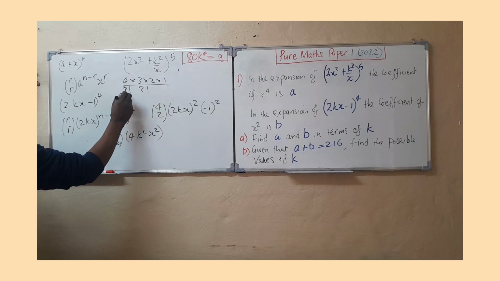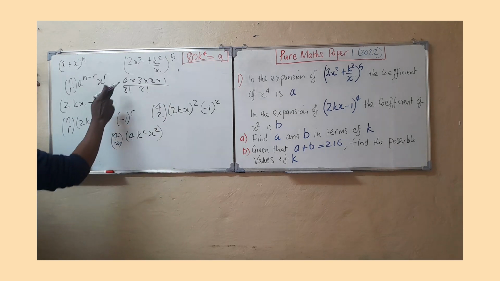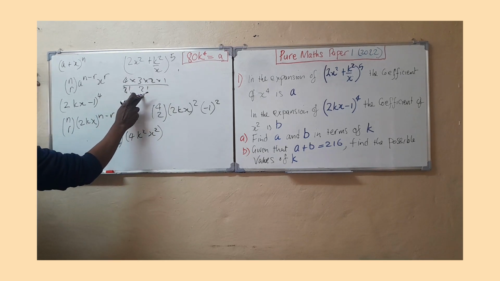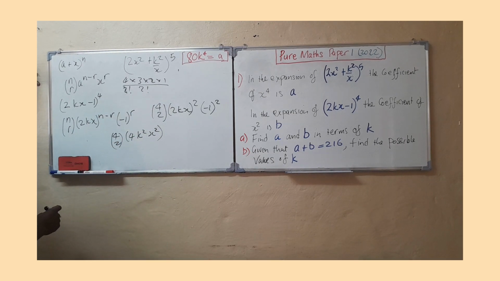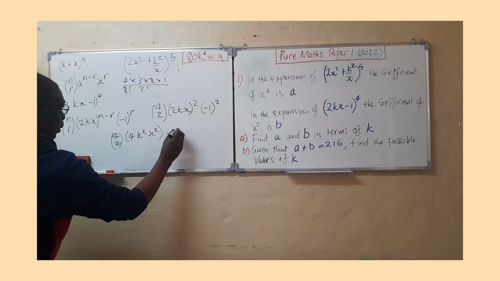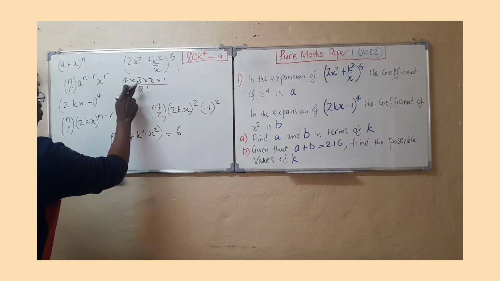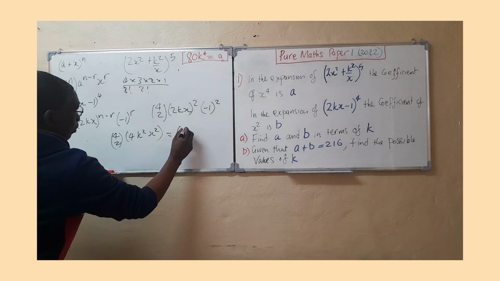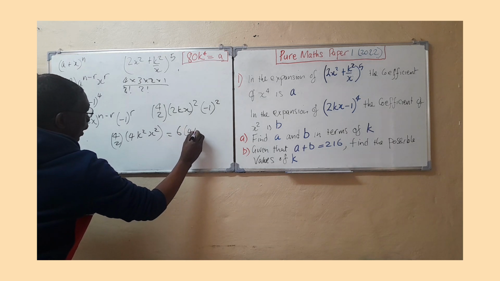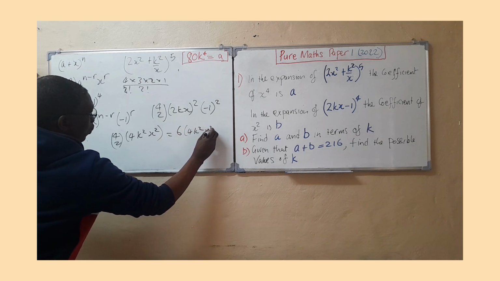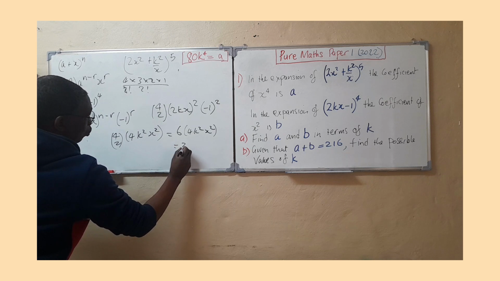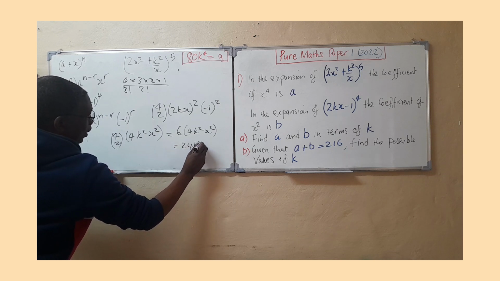So this 2 goes, that 2 goes, so we're left with 12 divided by 2, which is 6. So this will be 6 multiplied by 4k squared x squared, which of course is equal to 24k squared x squared.